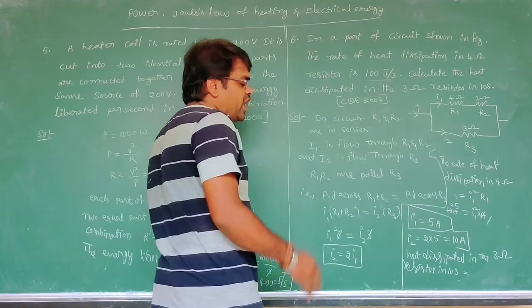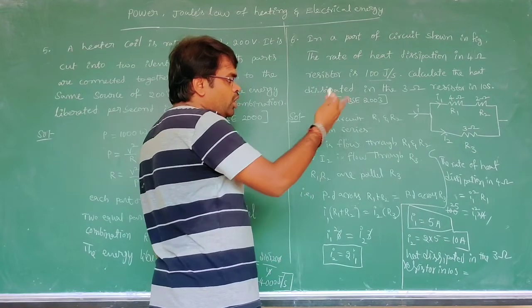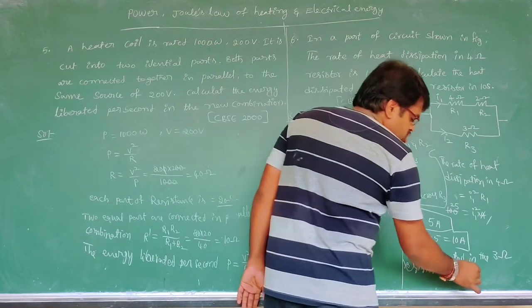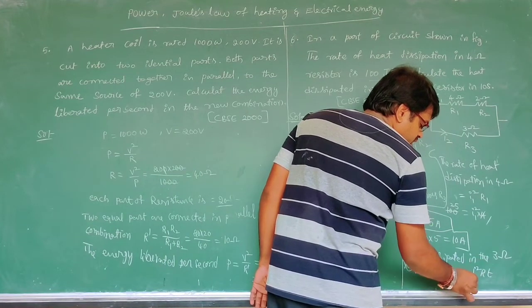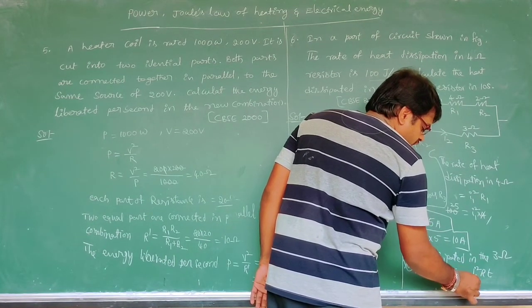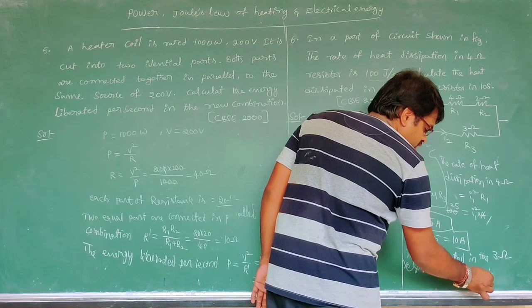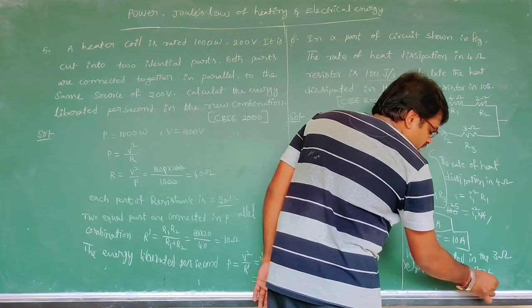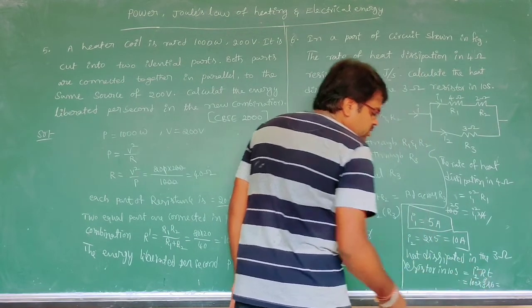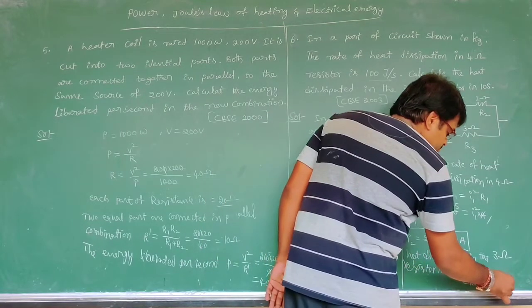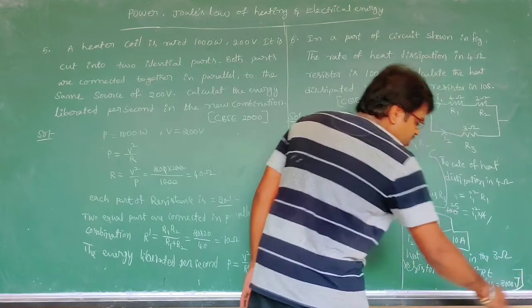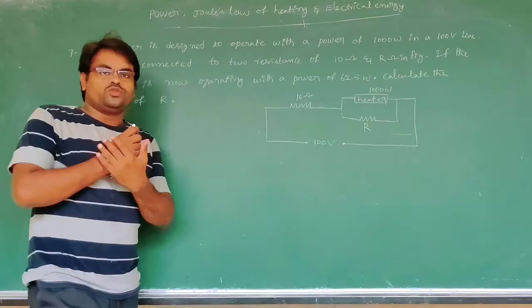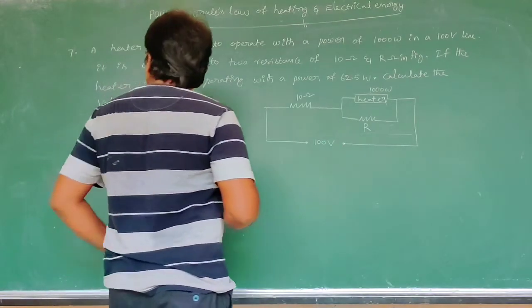The formula for heat dissipated is I square RT. I square means I2 square, 100 into 3, because of R3, into 10. Then we calculate 3000 joule.